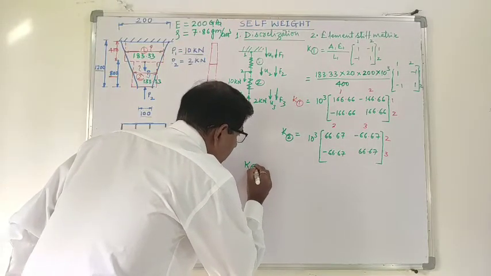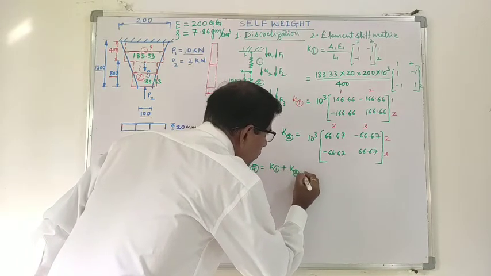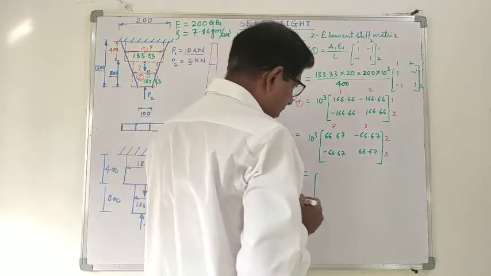So global stiffness matrix is K1 plus K2 is equal to, so we know that it will be a 3 by 3 matrix.